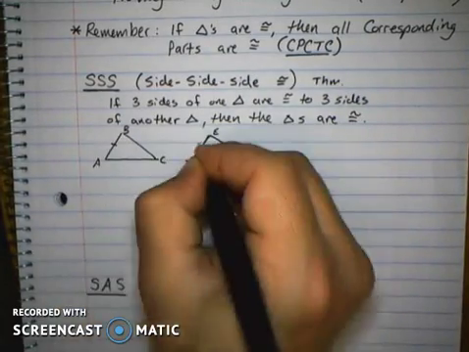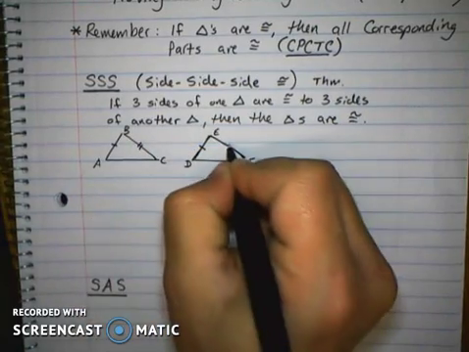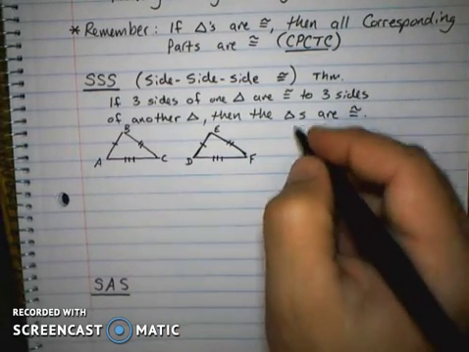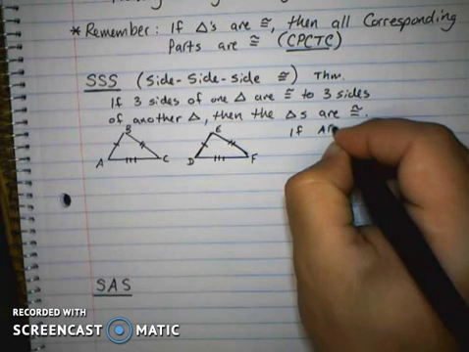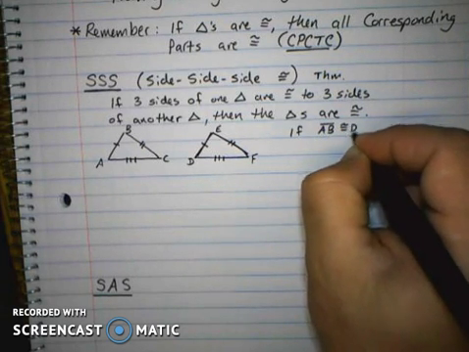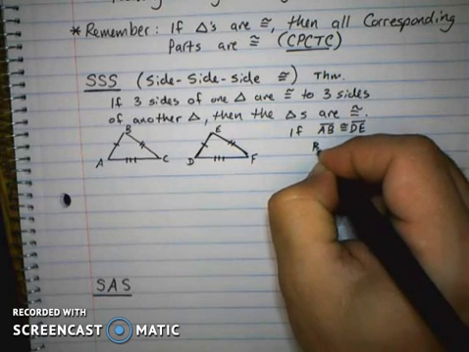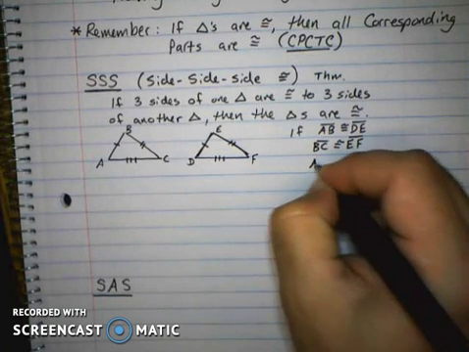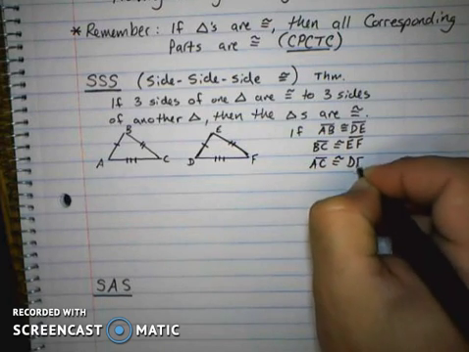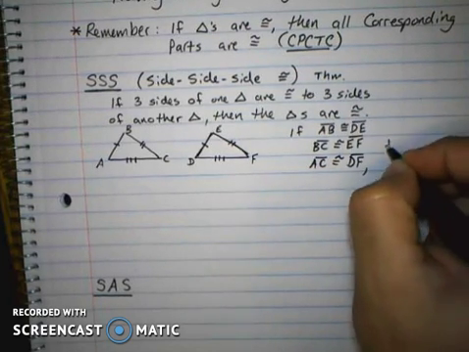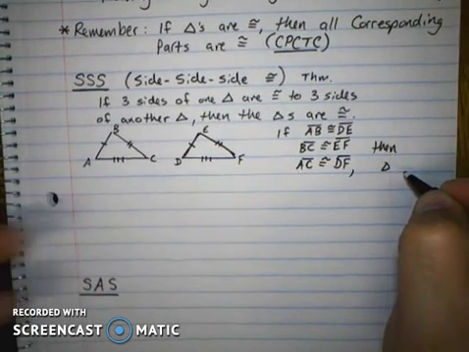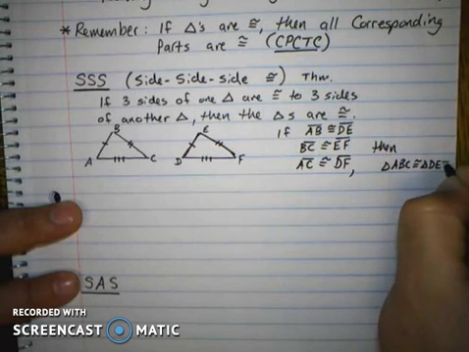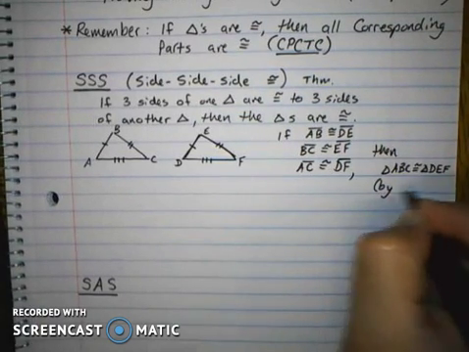If I can show that AB is congruent to DE and BC is congruent to EF, and AC is congruent to DF, okay, or like this, AB is congruent to DE, and BC is congruent to EF, and AC is congruent to DF, like that, then triangle ABC is congruent to triangle DEF. And the reason is side, side, side.